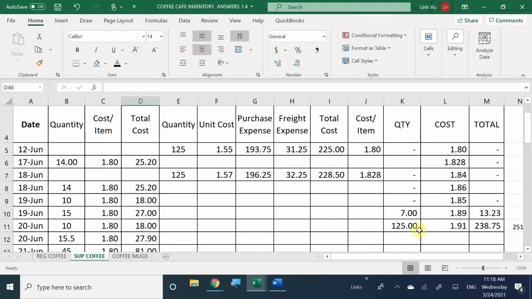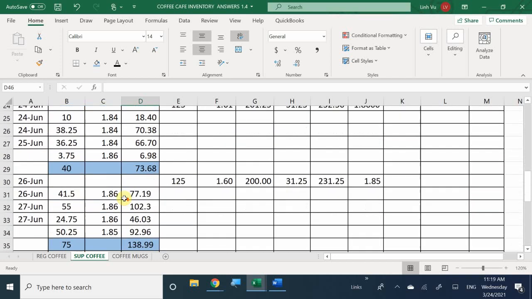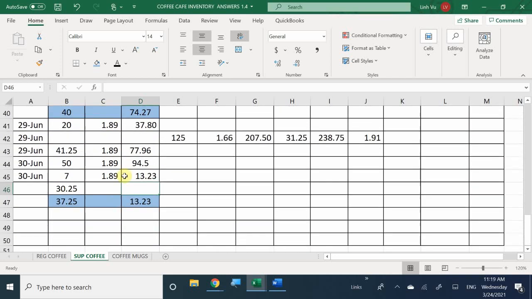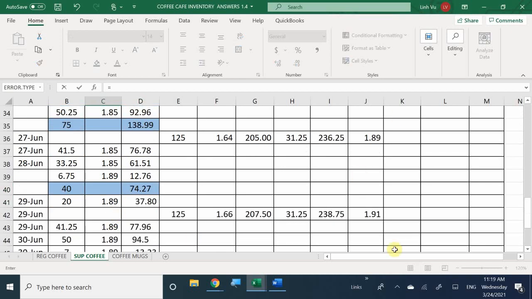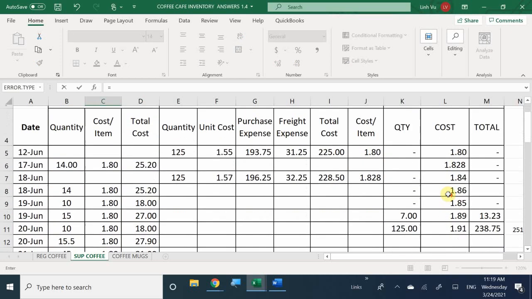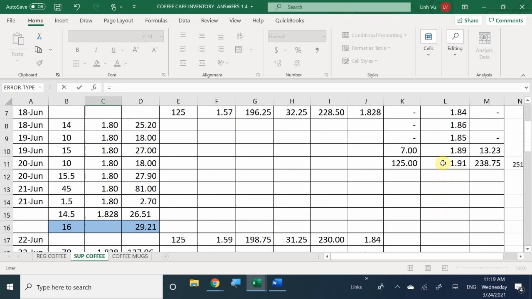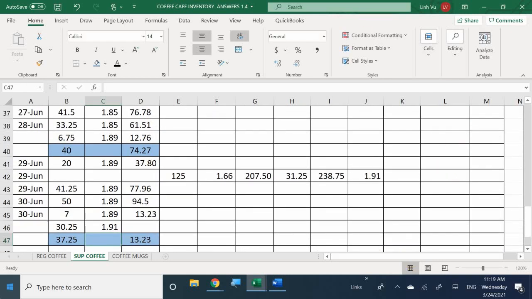And then we have another batch for 1.91. So let's fill that in here. So this one is 1.91. How much is it going to cost me to sell these 30 and a quarter pounds at $1.91?